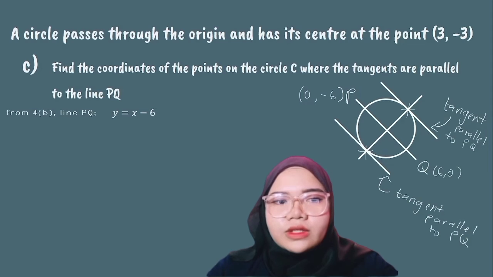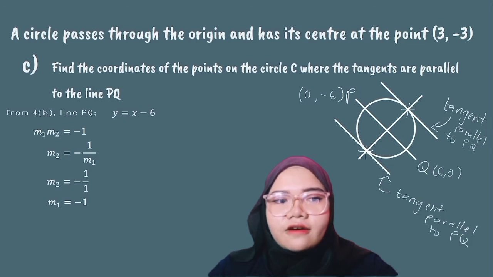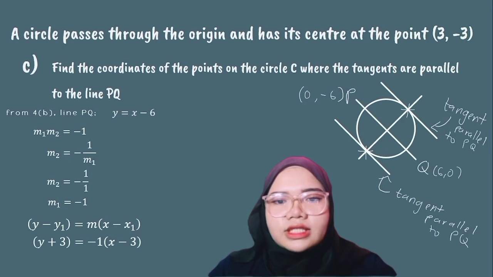So, we will use the formula m1 m2 equals negative 1 to identify the gradient of the line based on line PQ. After that, we substitute the gradient and the coordinates of the center of the circle, because this line that connects those two points passes through the center of the circle.